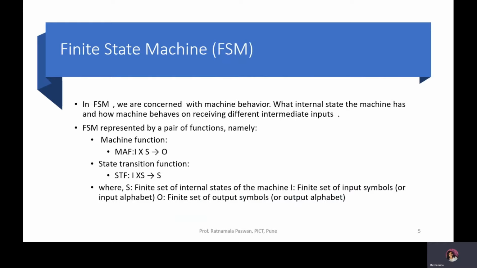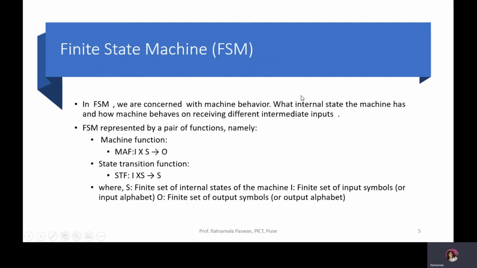In FSM, we are concerned with machine behavior. Machine has internal state and on each state it receives input and it gives some intermediate result. So in FSM, there is some internal state and then we will see the final output.